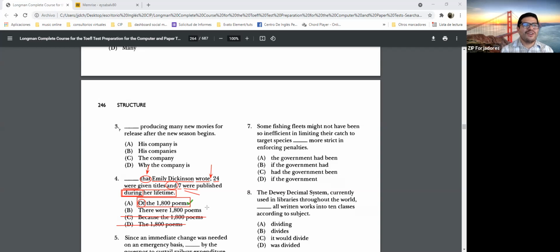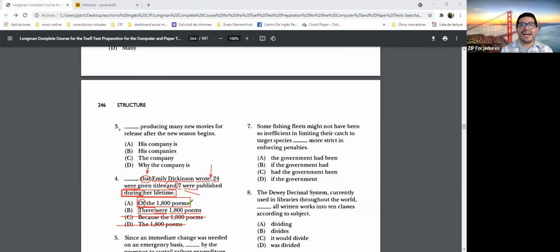If we hadn't had this comma, for sure it would be a two-clause sentence. The subject is 1,800 poems and the verb is were, and it starts with a place expression, so that's why it's inverted.